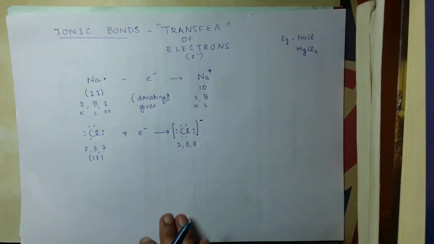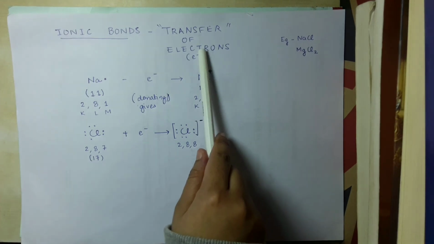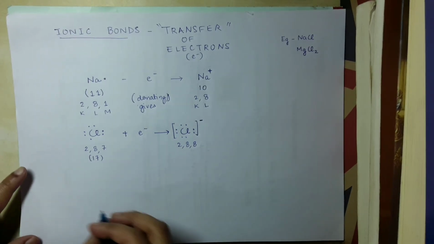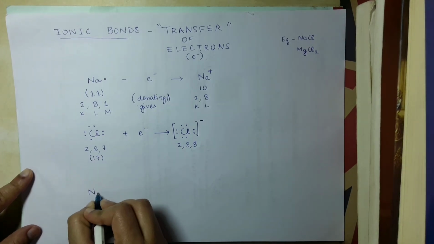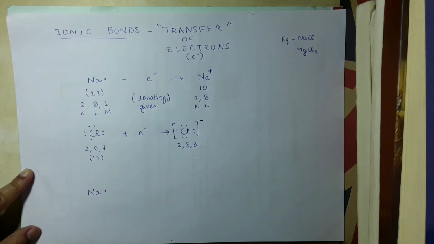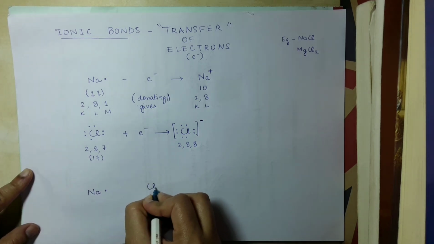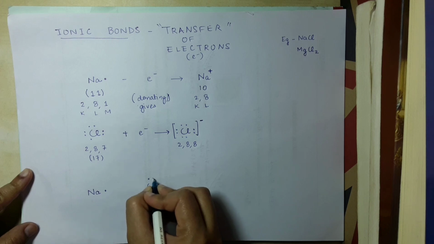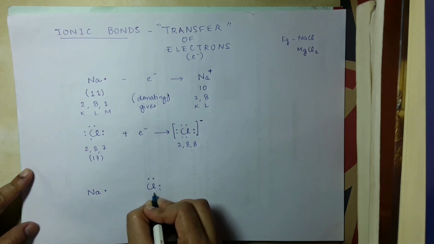So this is one concept we need to understand before I move on to how the bonds are formed between these two. Basically, ionic bonds are formed by transfer of electrons, right? So how is the transfer going to take place? I had Na, which was carrying one extra electron. I had Cl, so let me denote the electrons with crosses here for Cl, which had 7 electrons.